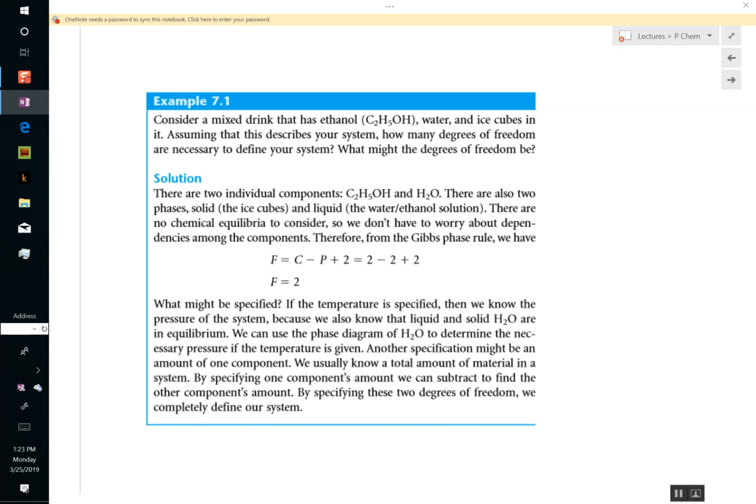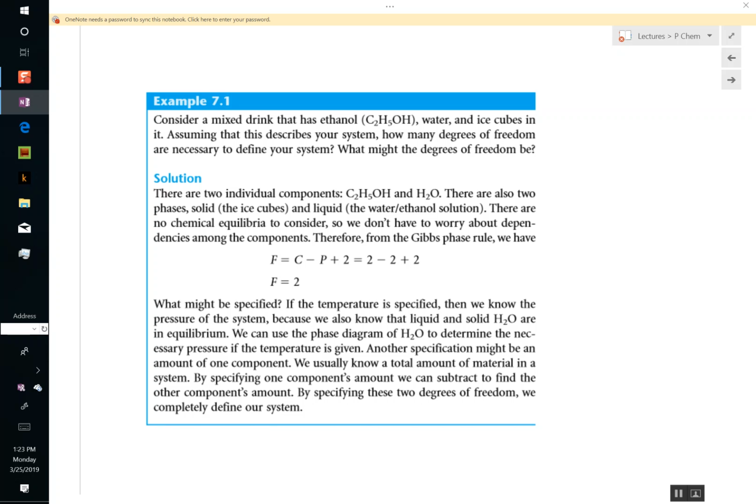So big deal. Well, this goes on to say that if the temperature is specified, if you're given the temperature, now you only need to be given one other thing to define the system.